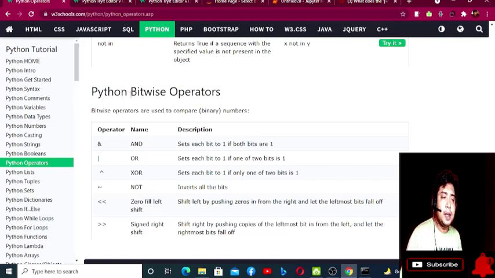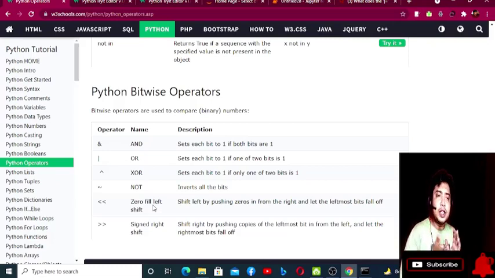Then there are bitwise operations: there is and, then I have told you or, and there is XOR, then not, then zero fill left shift. Say for example, I want to fill 0 at the right so that I can shift towards left.